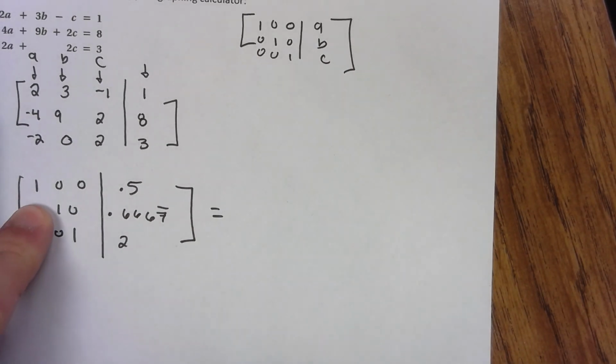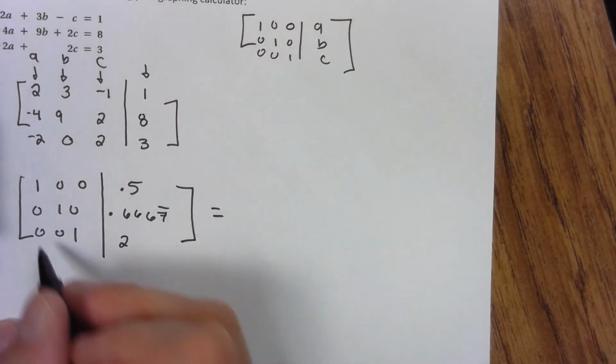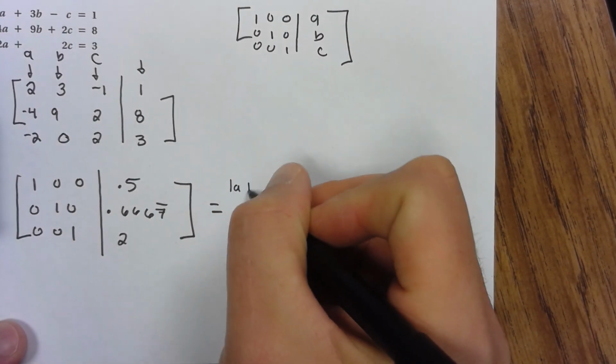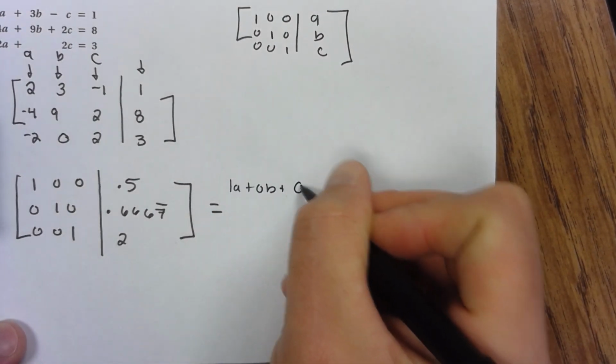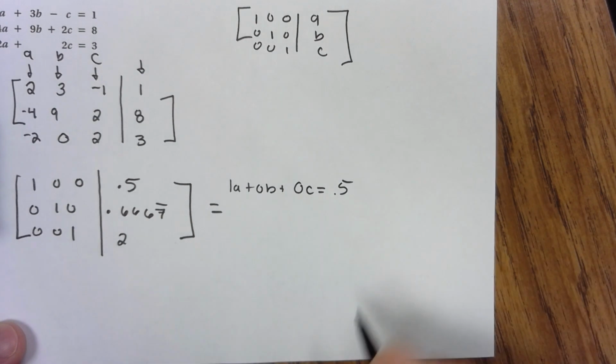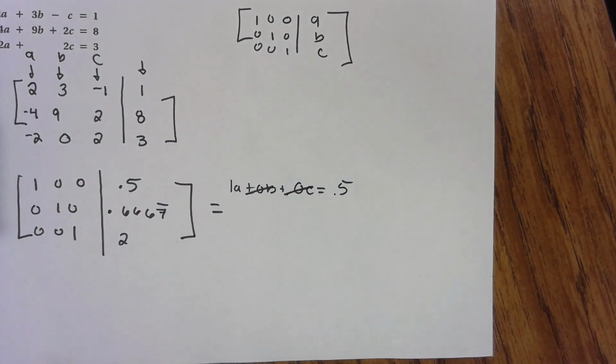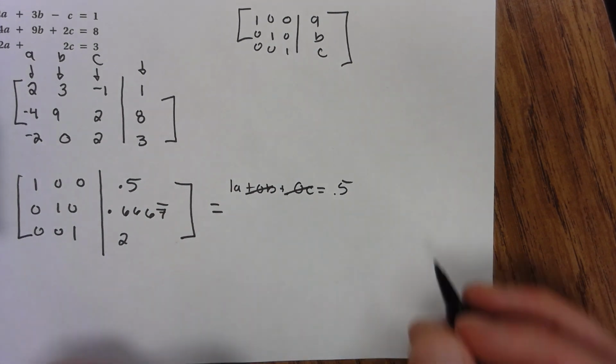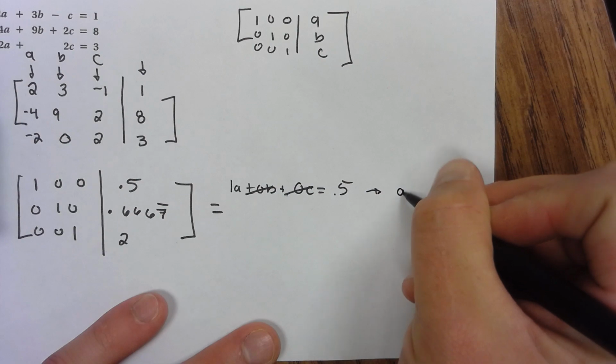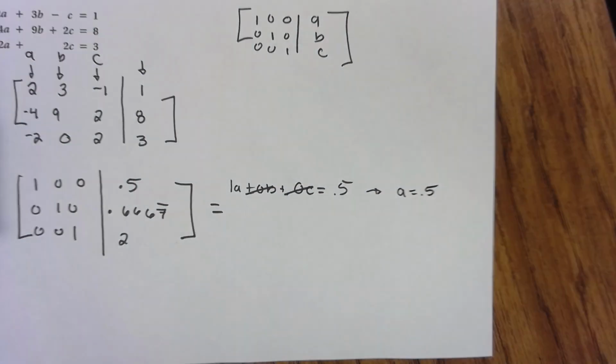All right, so remember, the first column was our A. So this is 1A plus 0B plus 0C equals 0.5. Well, all the zeros, they don't matter. Okay, right? 0 times whatever the values of B and C are end up just being 0 anyways. So this gives us our A value of 0.5.